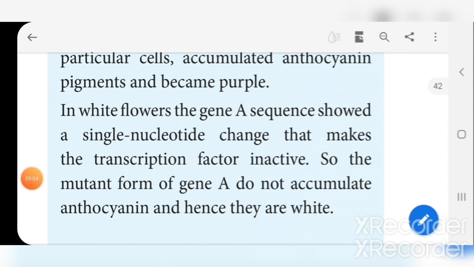In white flowers, the gene A sequence showed a single nucleotide change that makes the transcription factor inactive. They found the reason.